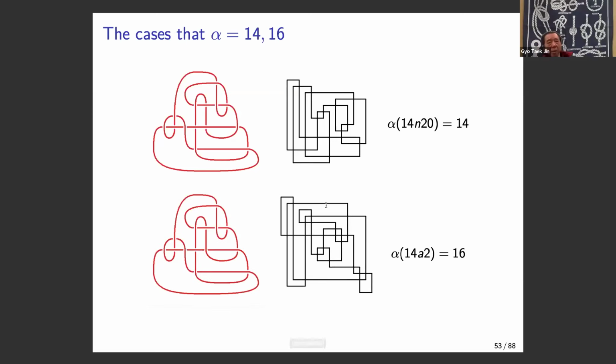And for the arc index 16 case, you don't need to find anything. You don't need to reduce, and you cannot reduce by the theorems.